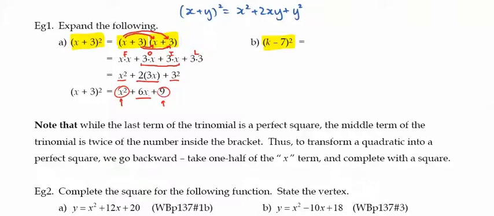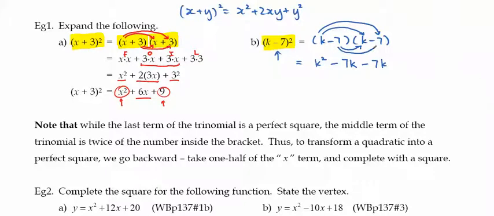Now using the same concept, if I expand k minus 7 squared, I would multiply this by that using FOIL. As I multiply it, I end up getting k squared, k times 7 with a minus, and then for the inside we have minus 7 times k, that gives us minus 7k, and finally negative 7 times negative 7, that will give us 49.